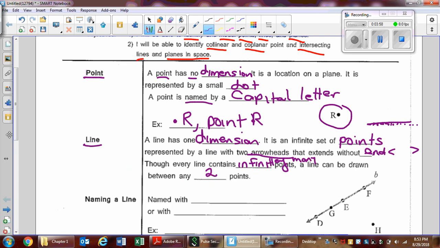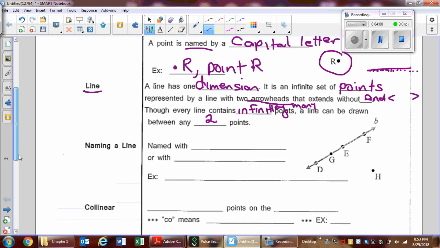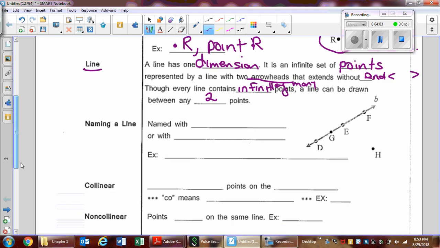Okay, so how do we name this line? We talked about how we name a point, but when we start trying to name a line, we can use a single lowercase letter. That is here, as you guys can see. So sometimes they use this B to name it like this with the cursive way.